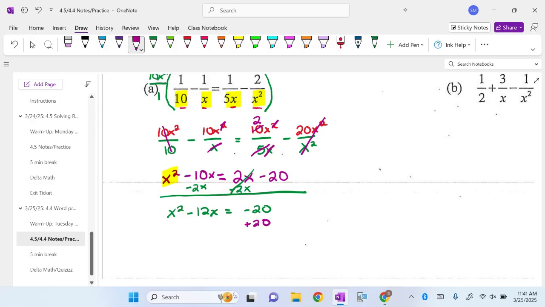Now, is there anything for 20 to be added to on the left side? Is there any common or like term for it to be added to on the left side? No. So we're just going to throw it on at the end. So after the 12x. So that goes away. You get x squared minus 12x plus 20 is equal to 0.